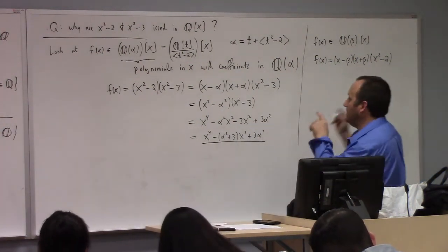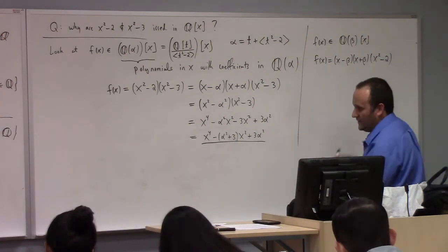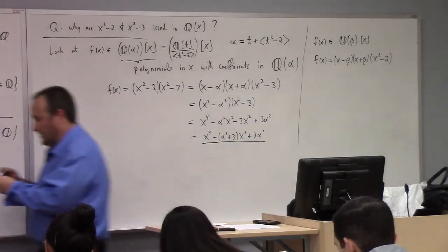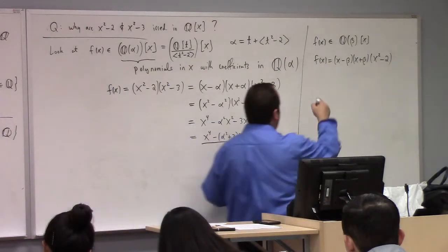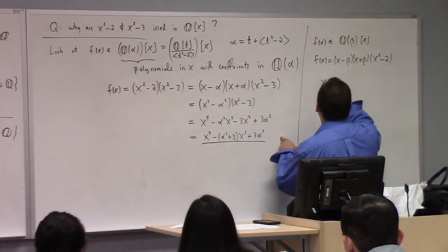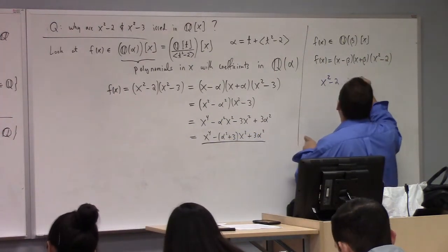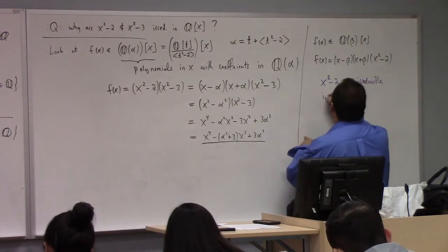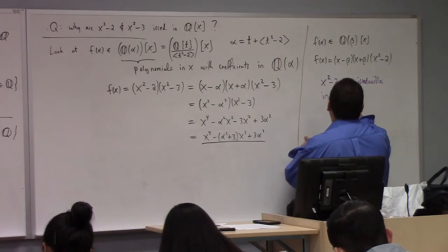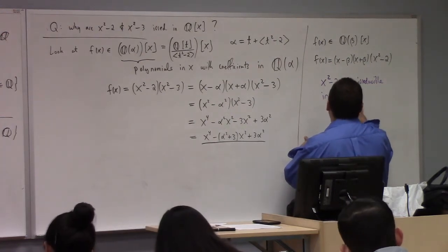Furthermore, there's more that I could say here than I should say, because it might actually be really helpful for your homework, which is that in this context, I believe you can prove x squared minus 2 is irreducible in this extended context.